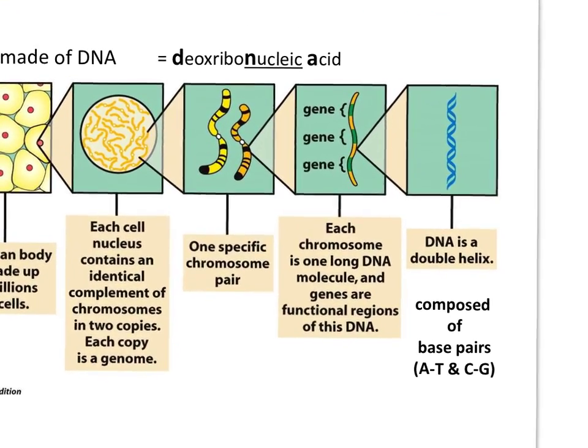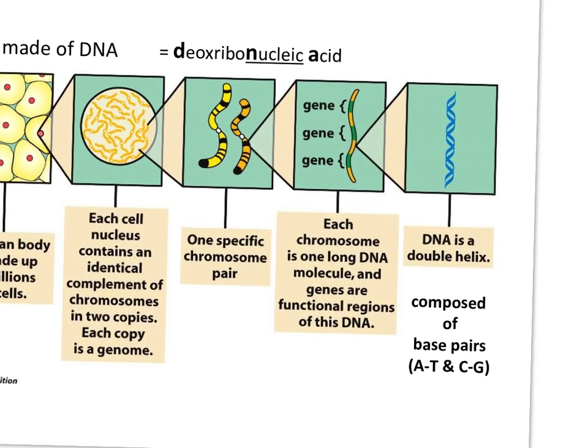And there are 4 base pairs. These are nitrogen bases for each gene in terms of amino acids. So each gene has, they come in pairs, A and T, adenine and thymine, or cytosine and guanine.